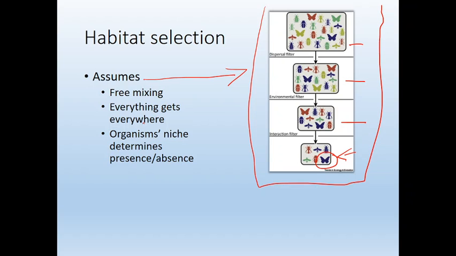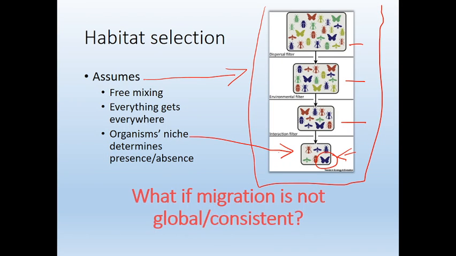Everything pretty much gets everywhere, and the organism's niche determines whether it's present or absent, right? So it's this last step here that is looking at the realized niche. Does the realized niche of the organism exist such that it could survive there if it has gotten there?